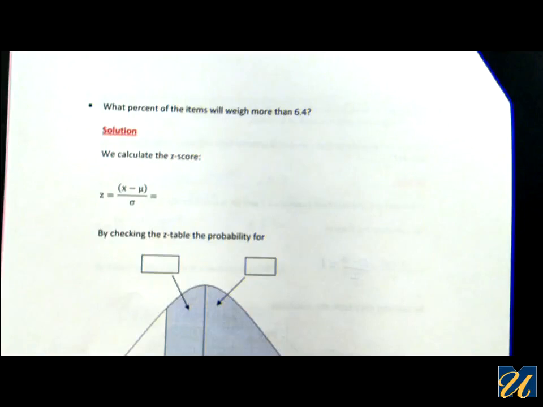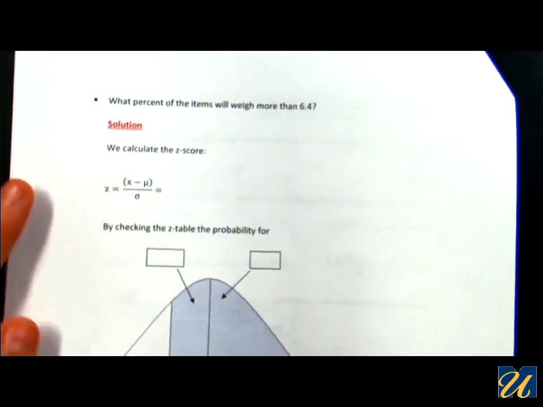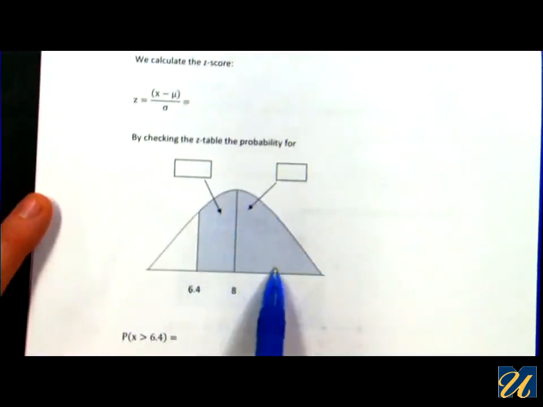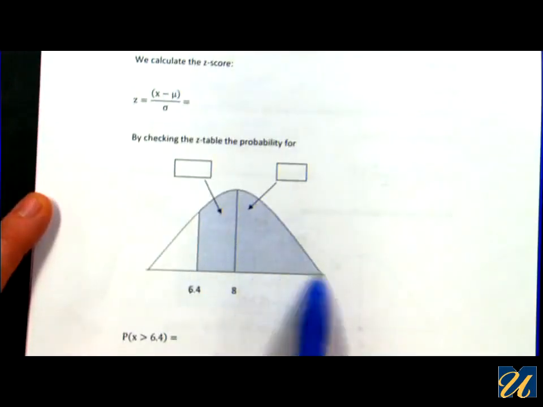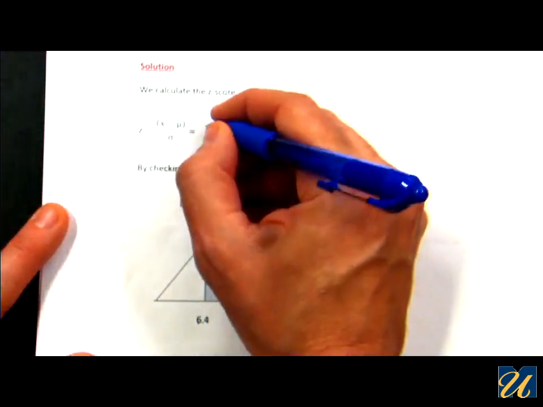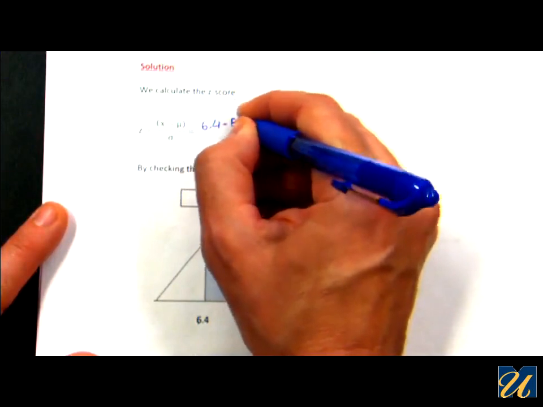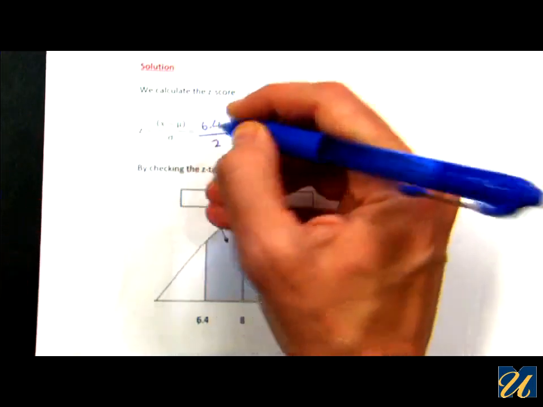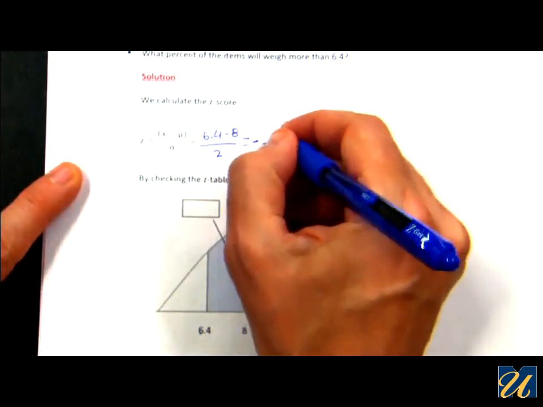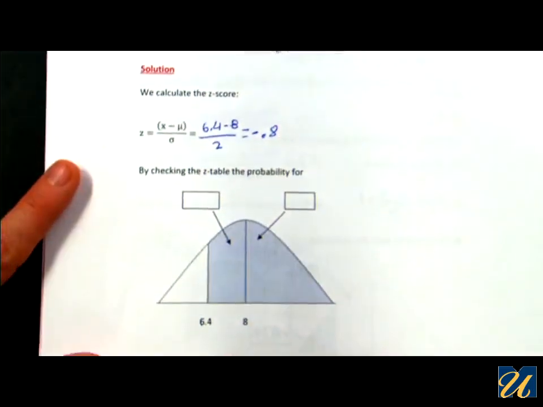What percent of the items will weigh more than 6.4? Same problem. 6.4 is to the left of the mean. More than 6.4 is the whole area to the right, the shaded area that you see here. The z-score is 6.4 minus 8 over 2, which is going to be negative 0.8.